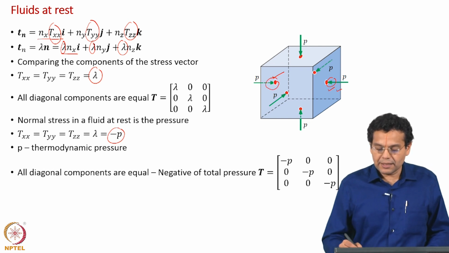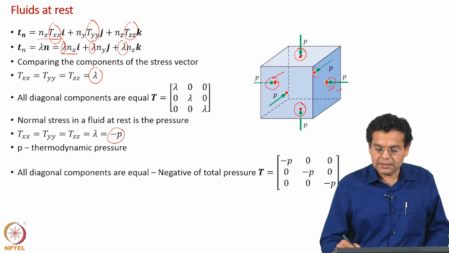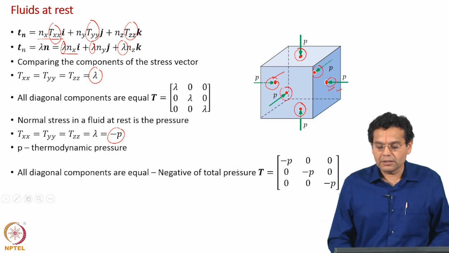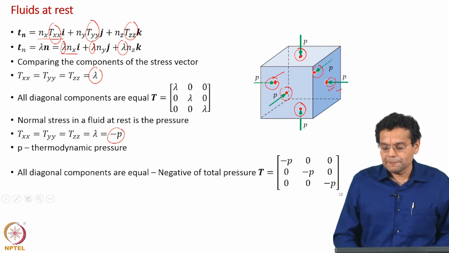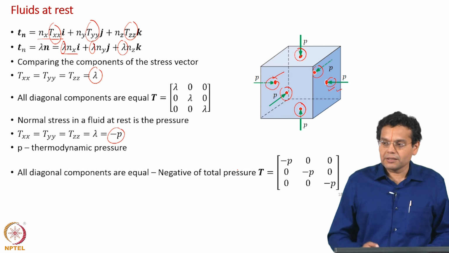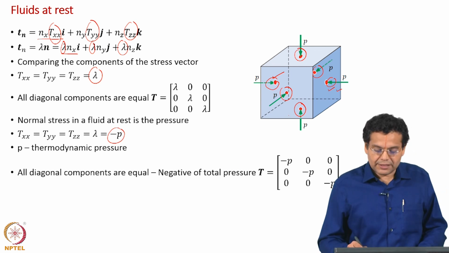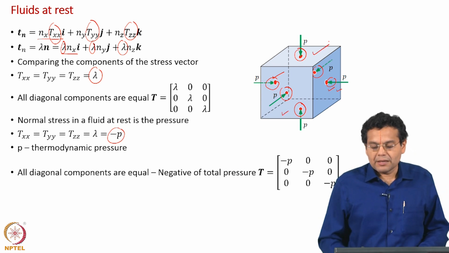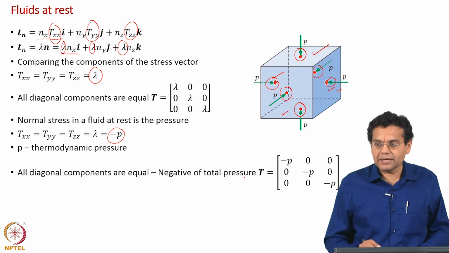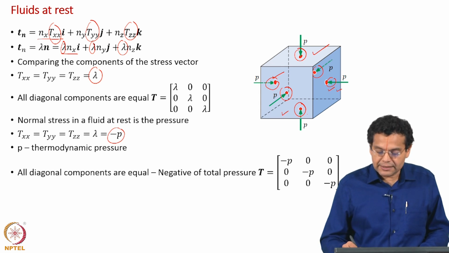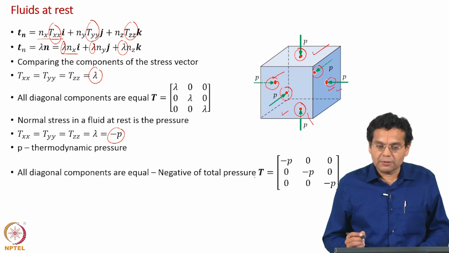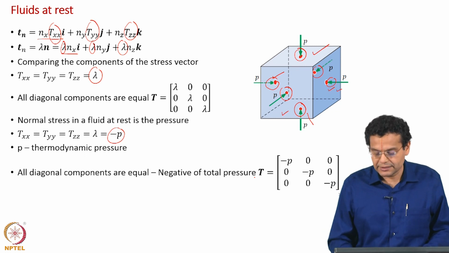Similarly along the y axis, and then similarly along the z axis. On all the positive faces, the force should be along the negative axis direction. For example, this is a positive face and the force is along the negative direction, and this is a negative face, and the force is along the positive direction, similarly for the z direction.